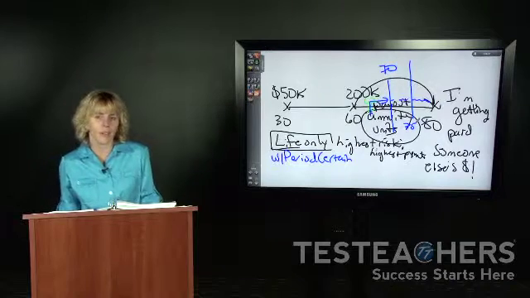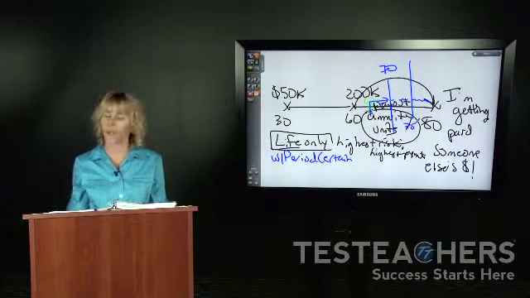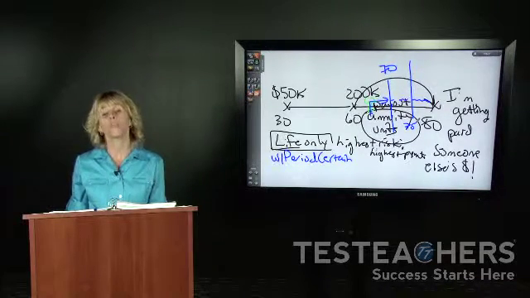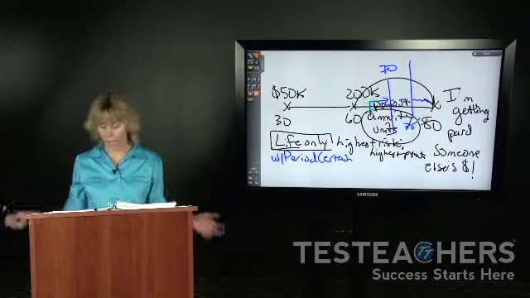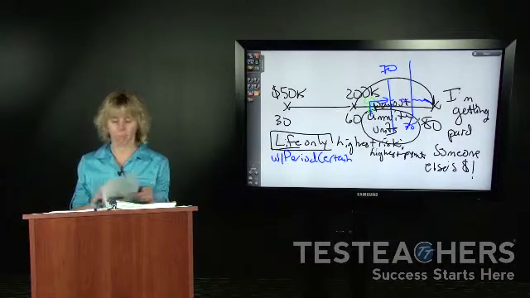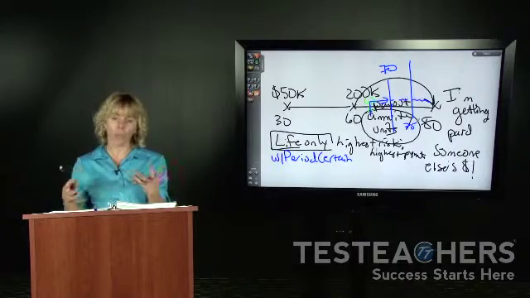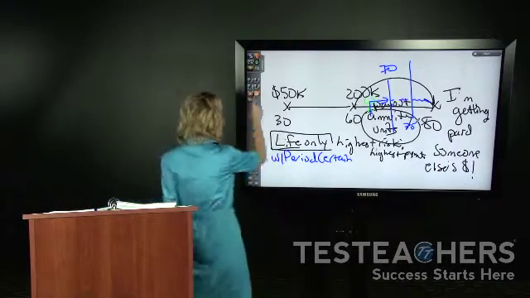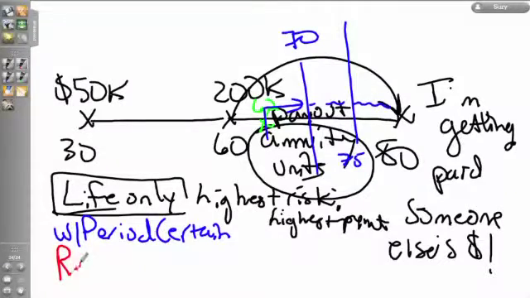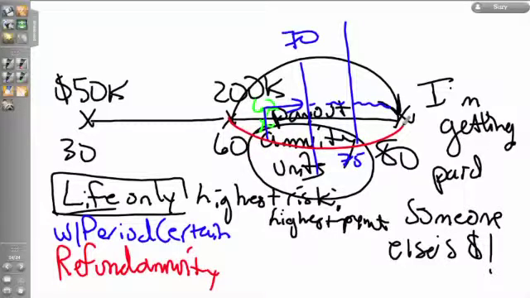So if I had a 10-year period certain and I died at 75, I don't have a beneficiary. When did the payments stop? When I died. Yep. If you want to take away all of the risk, you can choose a refund annuity. A refund annuity says that if you should die before you get all of your money back, in my example over this next 20 years, you have a beneficiary.